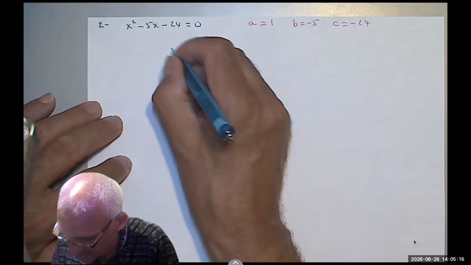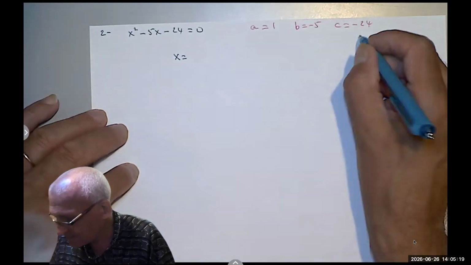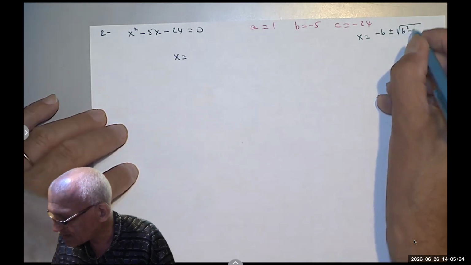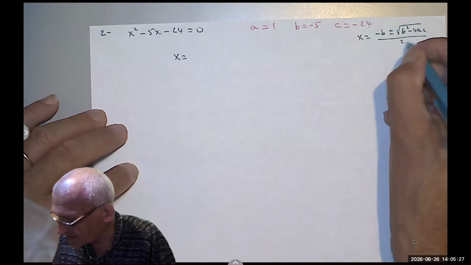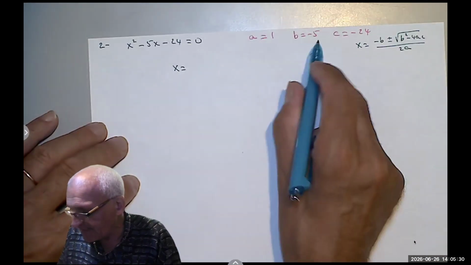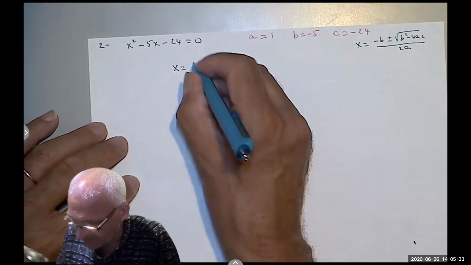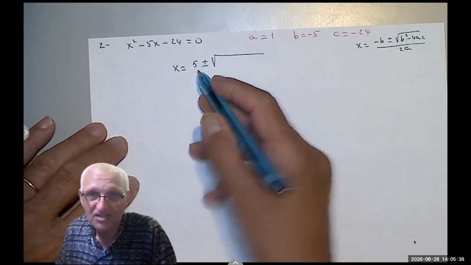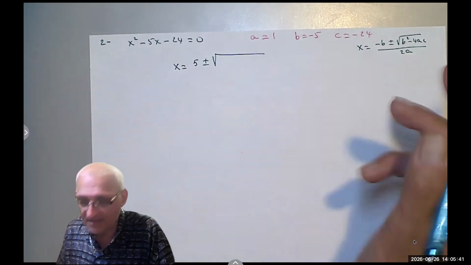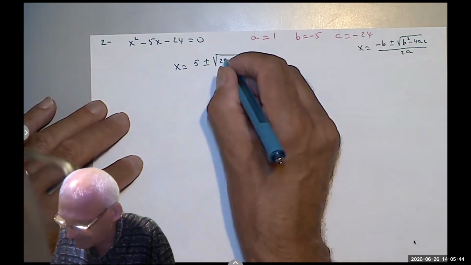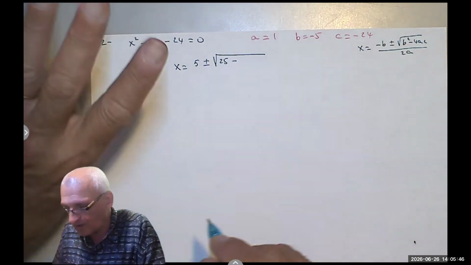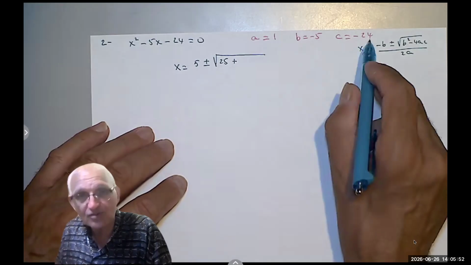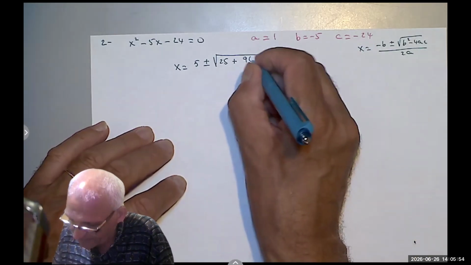We get x equals negative b plus or minus the square root of b squared minus 4ac, over twice a. Negative b is negative of negative 5, so positive 5, plus or minus the square root. b squared is 25, which is 5 squared. Whether negative 5 or positive 5, it doesn't matter, when you square it, it becomes positive. Minus 4 times 1 is 4, times negative 24 makes that positive, and 4 times 24 is 96.